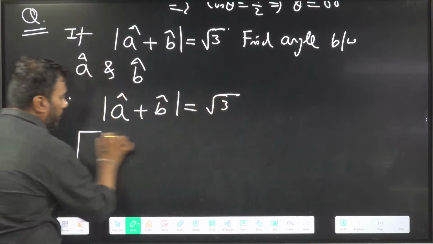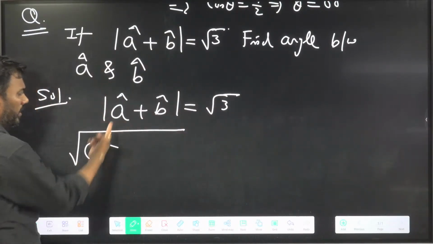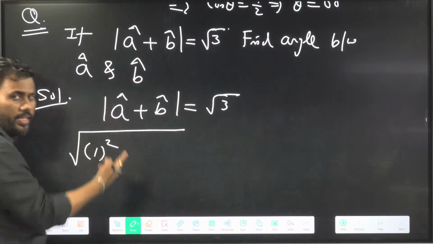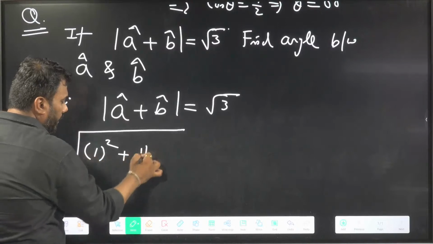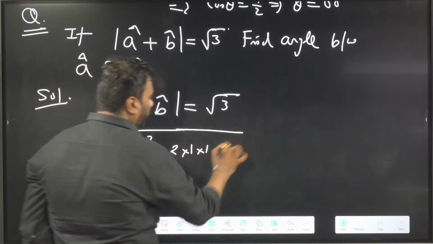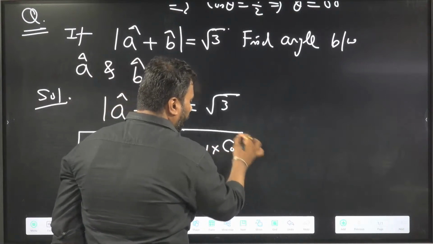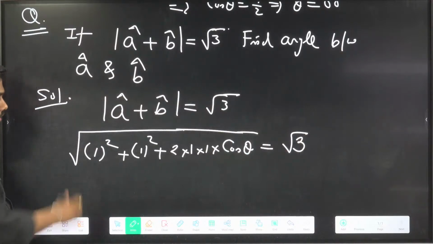The magnitude of the sum of two vectors is the root over magnitude of the first vector squared. This is a cap, so the magnitude will be 1. The magnitude of a unit vector is 1. Plus the magnitude of the second vector squared, plus 2 times the magnitude of first, magnitude of second, into cos of the angle between them, and that is given as root 3. We can solve this equation.